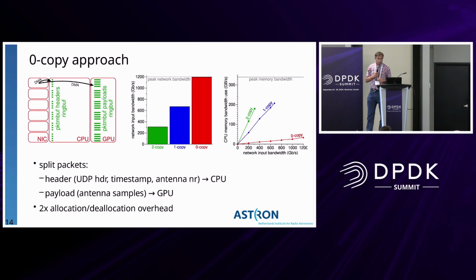So the only thing that works is a true zero-copy approach. For that, we use the feature that we can split packets, have the packet headers received in CPU memory, where they are also processed by the CPU, and the packet payloads, which are the bulk of the data of the packet, 8K of antenna samples, go through to the GPU.